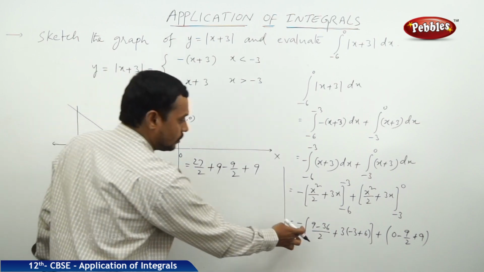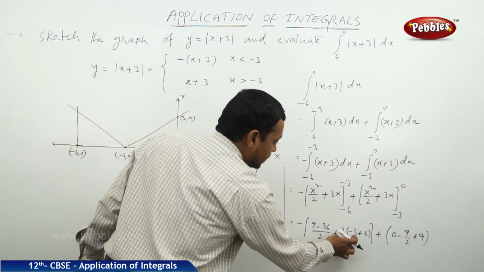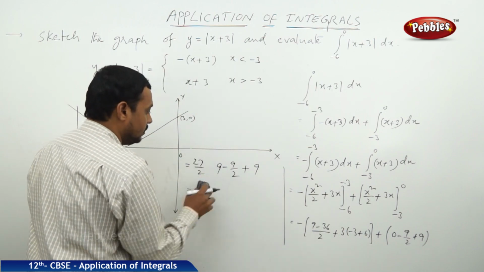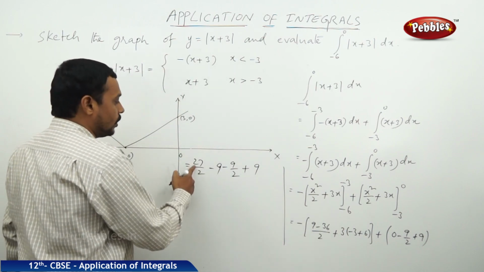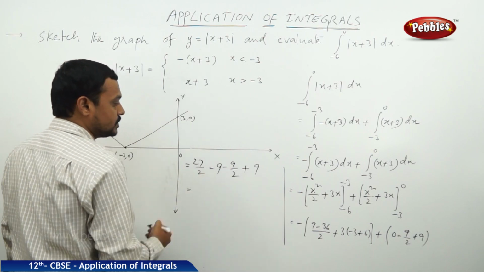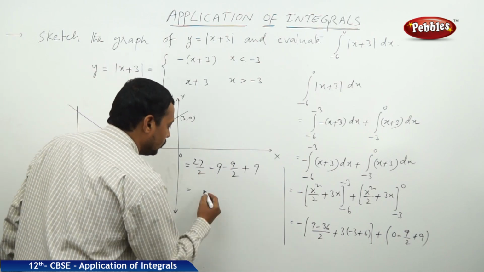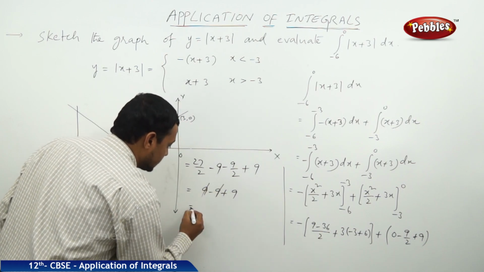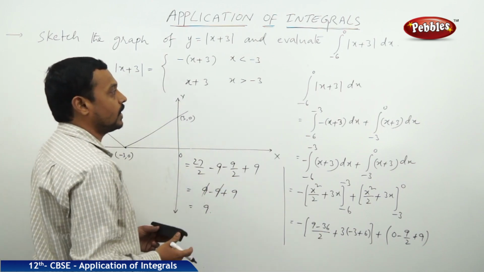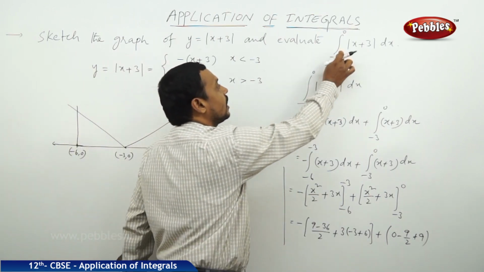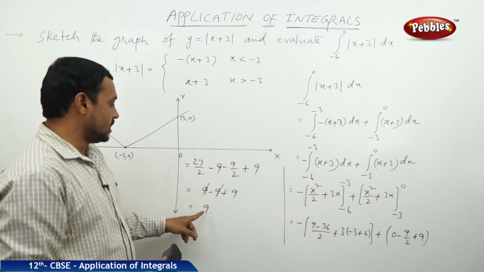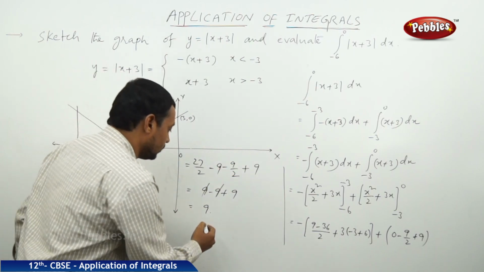Here 6 minus 3 is equal to 3, 3 into 3 is 9, 9 with minus sign is minus 9. Now 27 by 2 minus 9 by 2 is equal to 18 by 2, that is 9, minus 9 plus 9. So this 9 plus 9 gets cancelled, leaving 9. So finally, the integral of minus 6 to 0 of modulus of x plus 3 dx is equal to 9.